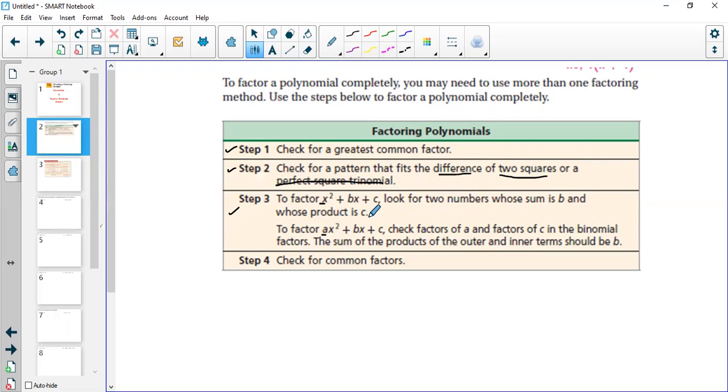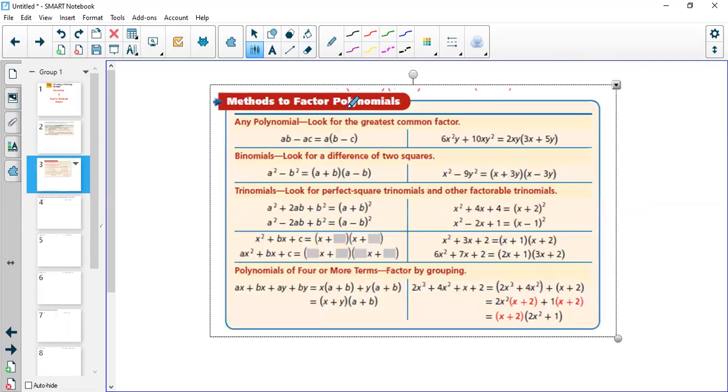Here I told you to multiply a and c, find the factors and check which factors would give you the value for b. Now step 4 is again checking for common factors. This is what we will be doing mostly when we are finding whether the polynomial is completely factored or not. We are going to check for the common factor, because if there is a common factor, we could still factorize the question. Okay, so these are the methods you need to factor polynomials.